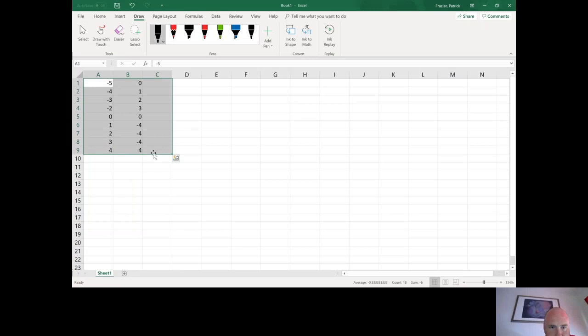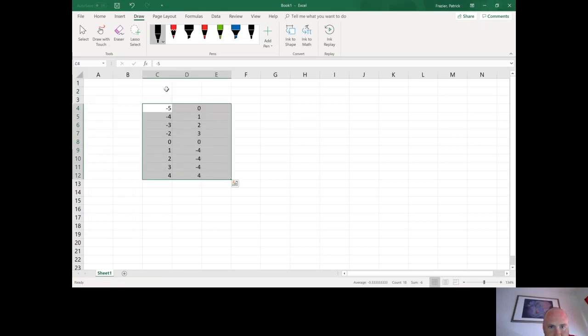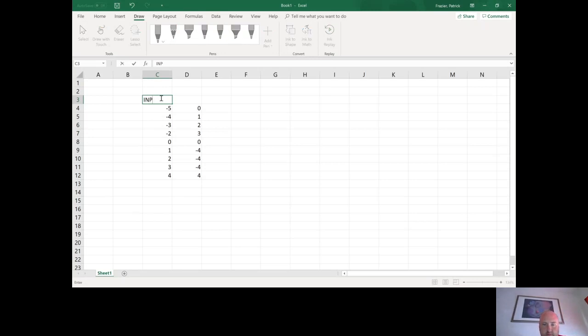And I'm going to highlight both these. And again, I'm going to call this input because I think there is some danger in getting hung up on the generic term of X and Y, regardless of what the variables are.